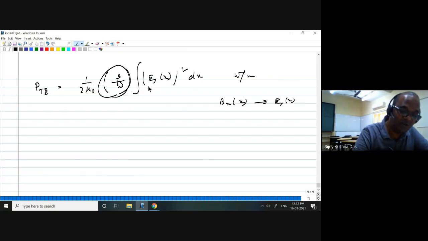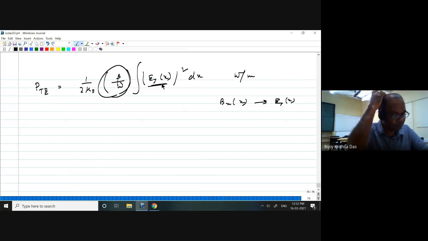And for EY x, again I have 3 different equations in 3 different zones.